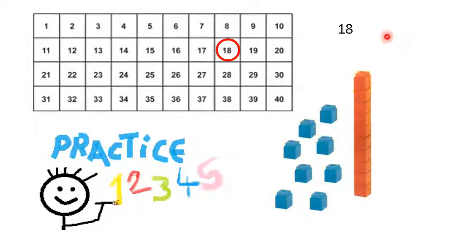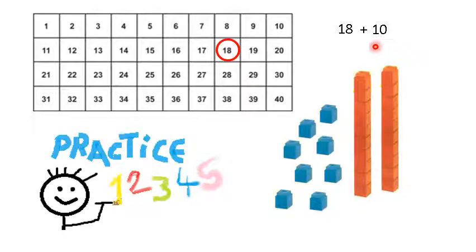And if I go plus 10, what do we add? Of course, we add 1 red rod. On our number grid, 18 plus 10 gives us 28. So 18 plus 10 equals 28. Easy, yeah?